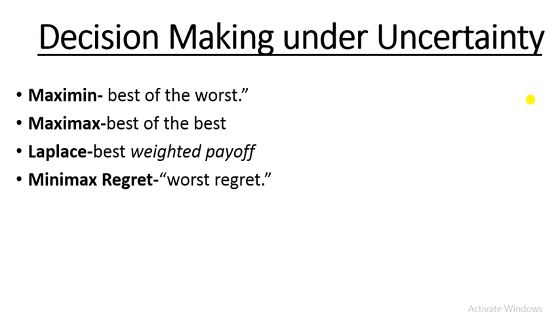First one is called the maximin, and in simple terms we can say best of the worst. In this scenario, if a manager is a pessimist or having a pessimistic approach, then he will create all the worst scenarios and he will choose the best of the worst scenario.